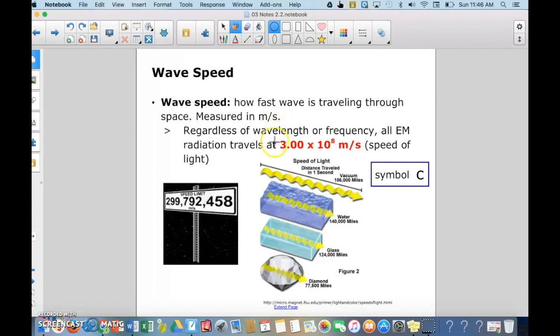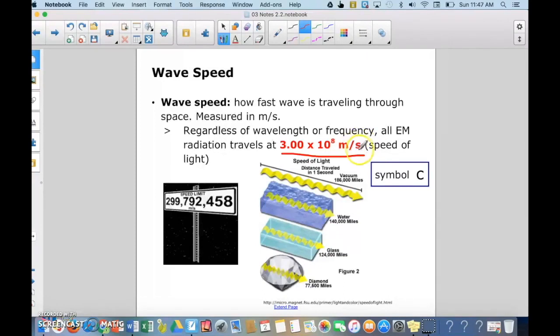The speed of a wave, however, is a constant that won't change no matter what. So regardless of the wavelength or the frequency of the wave, all the electromagnetic radiation travels at the same speed. It's a very famous number called the speed of light. The speed of light, as you see here, is 3.00 times 10 to the 8th meters per second.